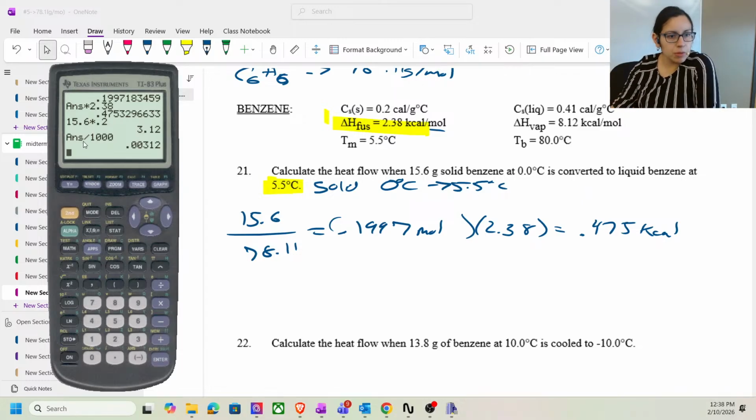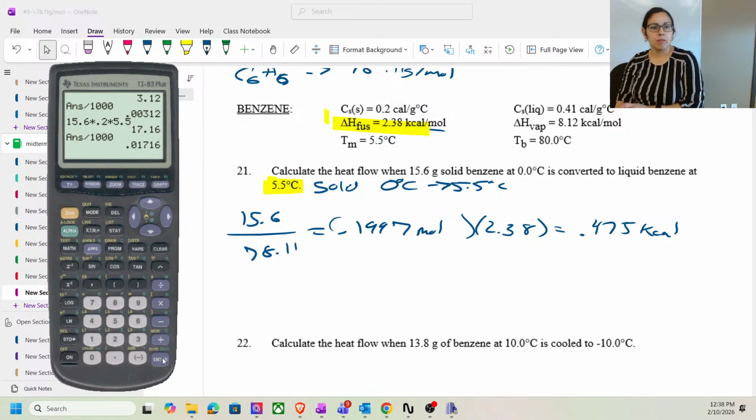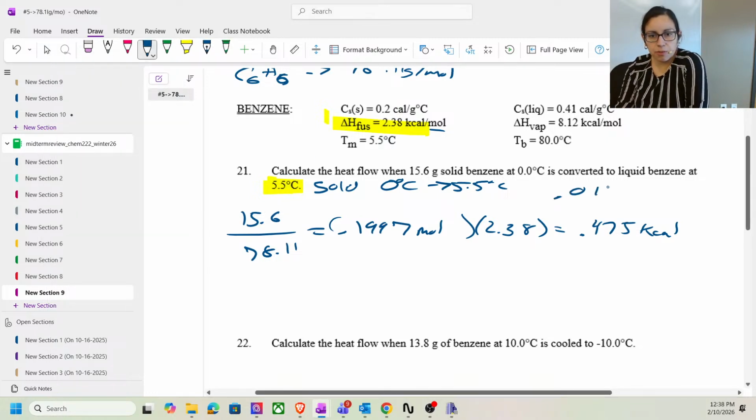Oh wait, no, I didn't multiply it. Sorry, I'm all over the place today. Let's do that one more time. 15.6 times 0.2 times our temperature difference, so 5.5. There we go. And so now that gives us, but like I said, that's cals, so 0.017 kcals for the first part, sorry.